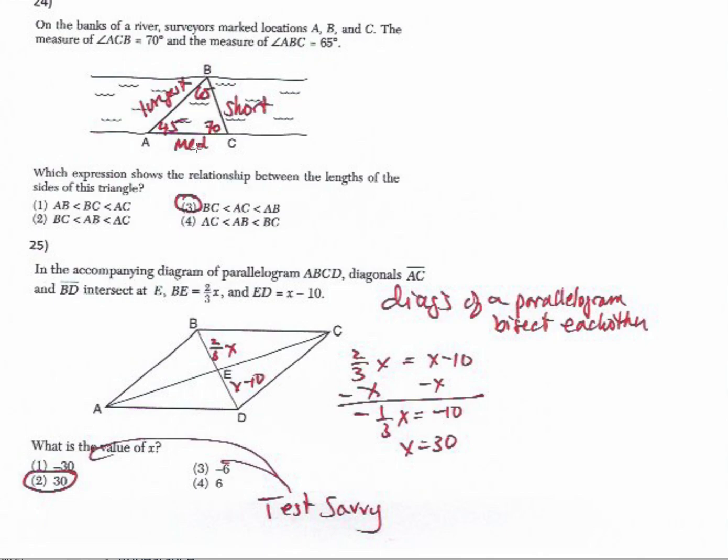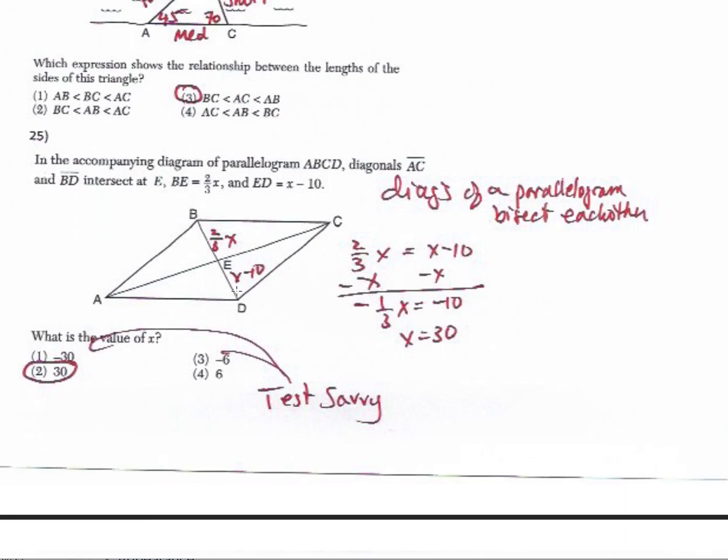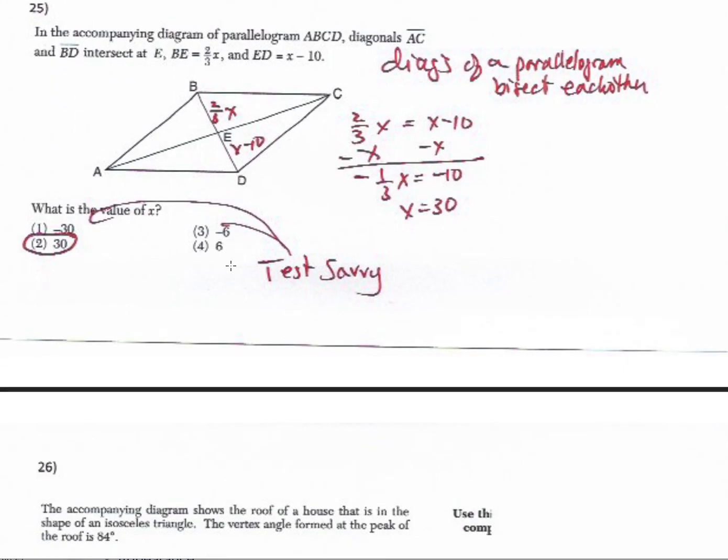And the medium angle is 65, so AC is the medium side. So which expression is related properly? BC, the smallest one, is shorter than AC, which is shorter still, or less than, AB. Choice 3.